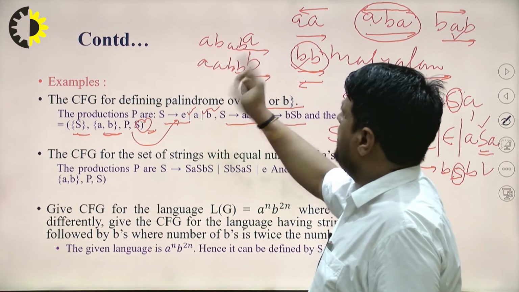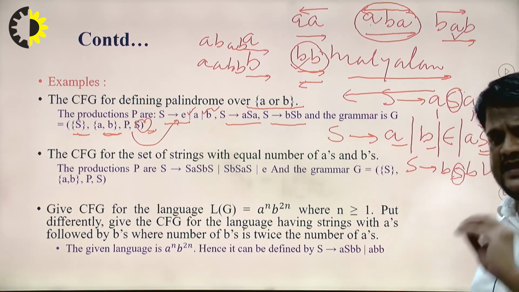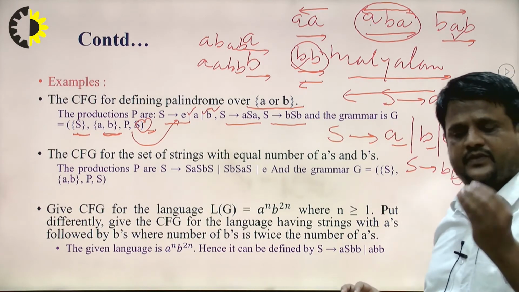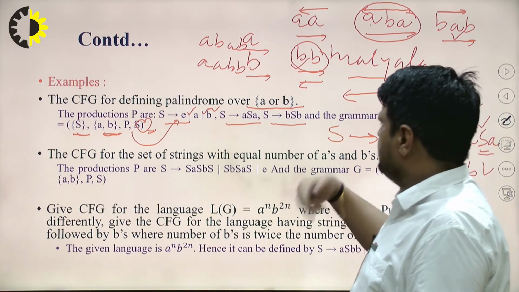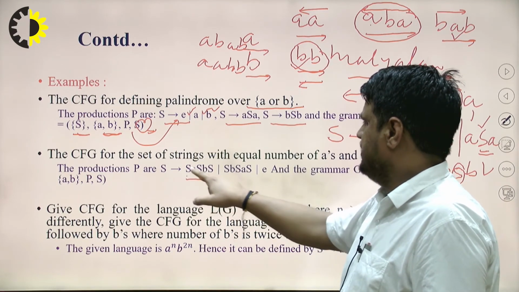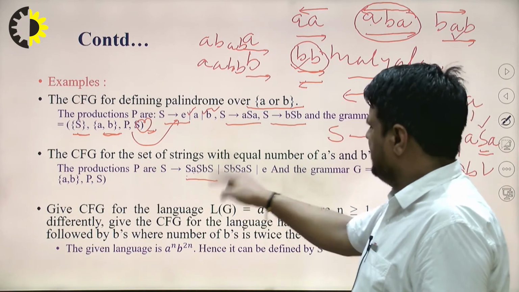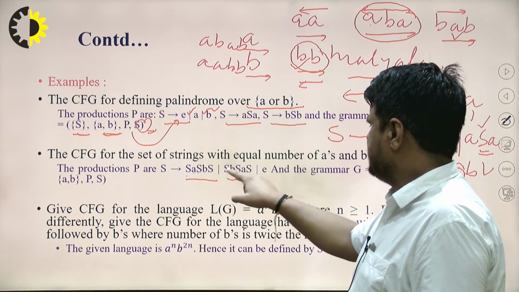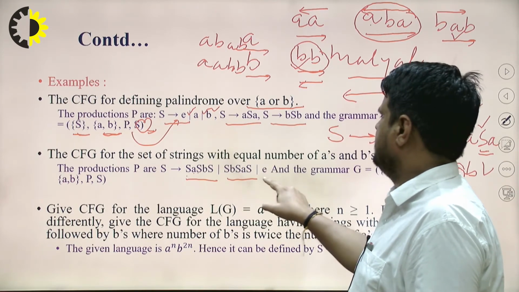Any combination of A and B will be there. But the restriction is that the number of A will be equal to the number of B. So the productions for this grammar are S tends to SASBS. The reverse will also be possible. S tends to SBSAS, or epsilon.